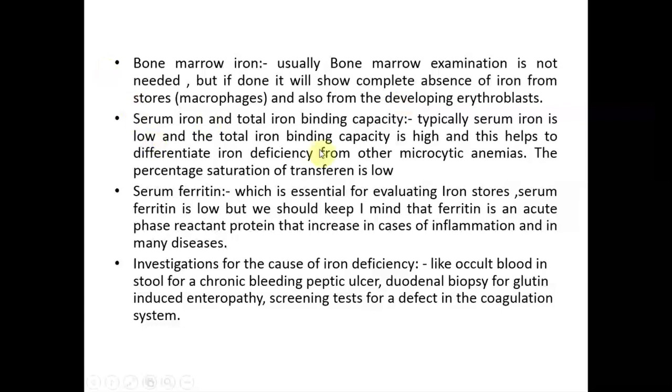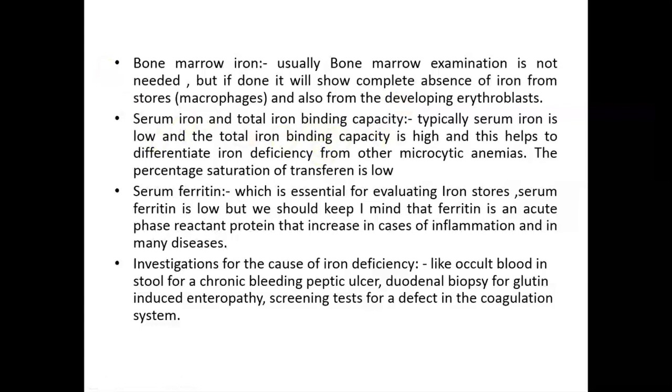If I do serum iron and TIBC, or the total iron binding capacity, it will show typically low iron and high TIBC. What do we mean by TIBC, total iron binding capacity? It's an estimation of the amount or the size of transferrin, the carrier protein, that is capable of binding to iron.